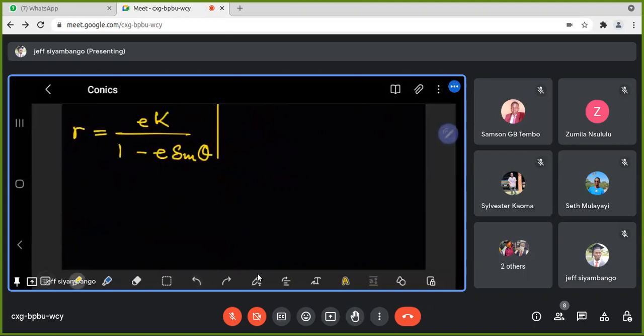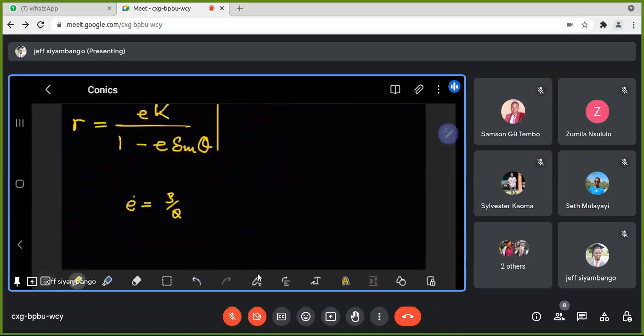Let's look at an example. Find an equation for the hyperbola with eccentricity e equals 3 over 2, and directrix x equals 2.